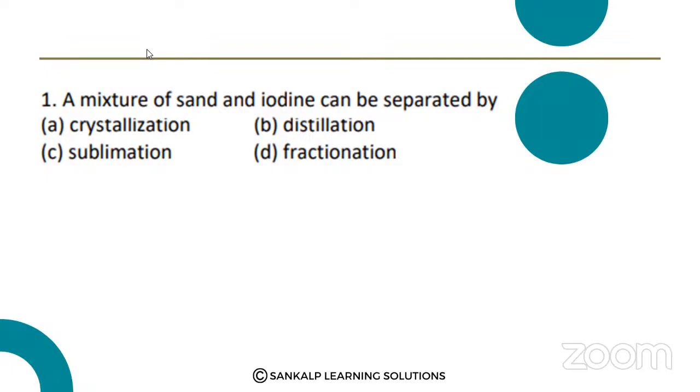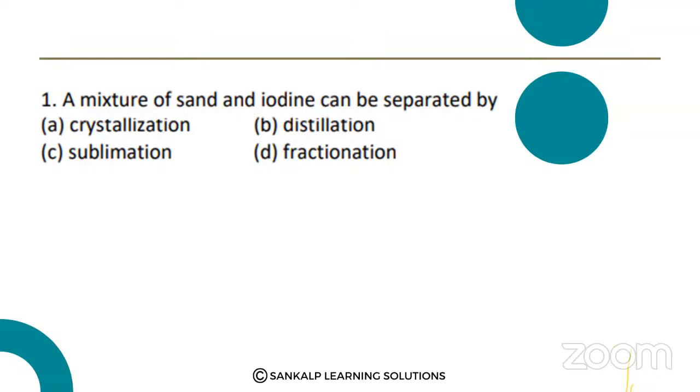Then second, distillation. Distillation is about separating two liquids based upon their boiling point. Sublimation is what? You are directly converting your solid into gaseous phase, without undergoing liquid phase.